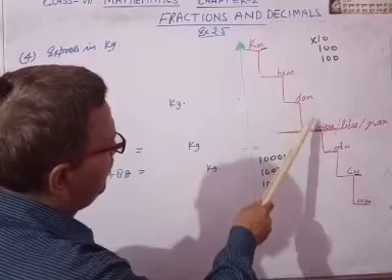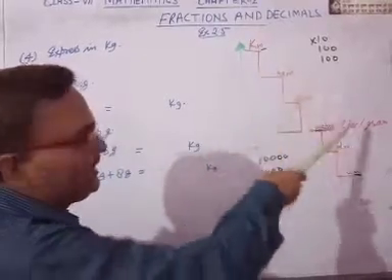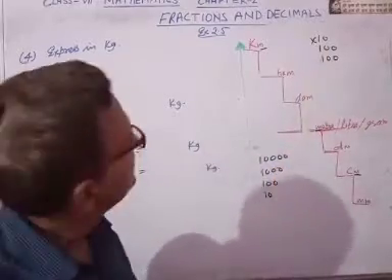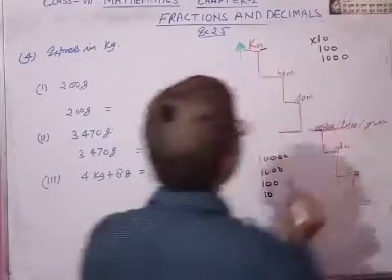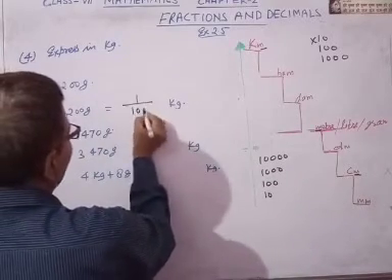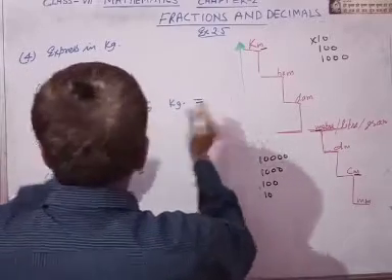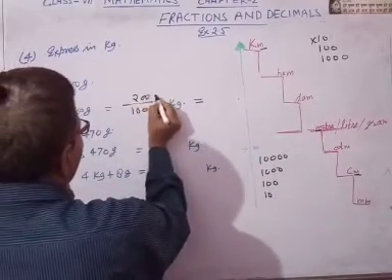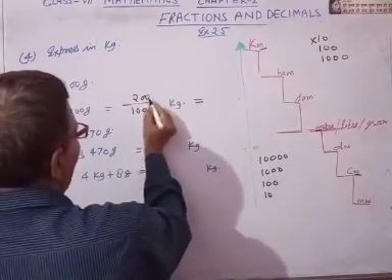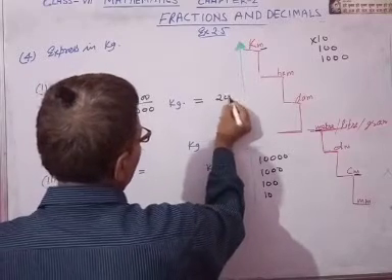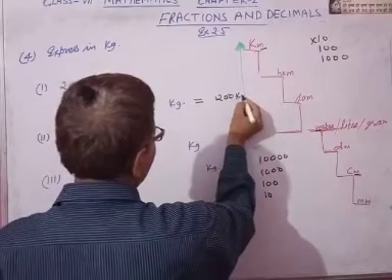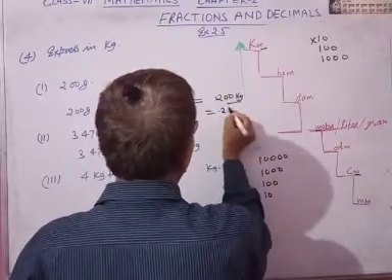One step, two step, three step. 3 steps upwards, so we will divide by 1000. 200 gram is 200 upon 1000, that is we will shift the decimal 3 places from right to left. 1, 2, 3 places, so 0.2 kg you can write.